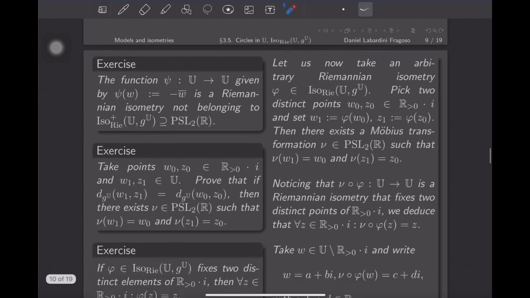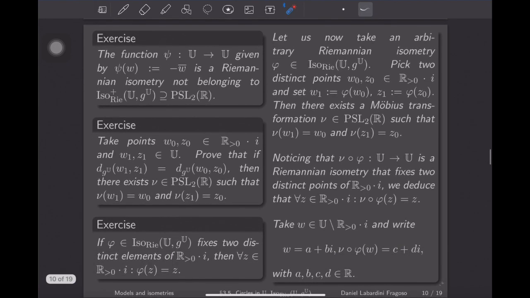Now, exercise: there are some Riemannian isometries that do not belong here. So this is the group of Riemannian isometries of U that preserve the orientation.